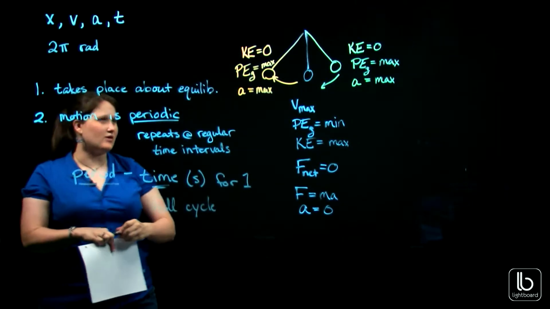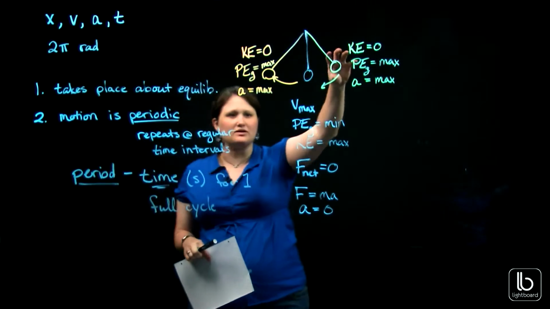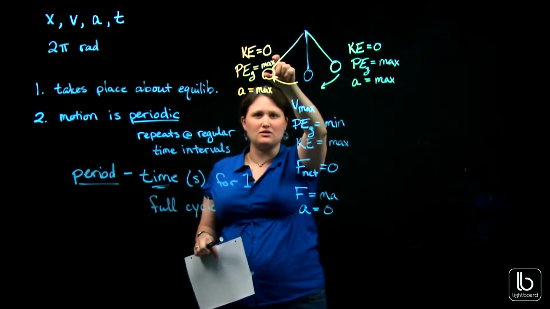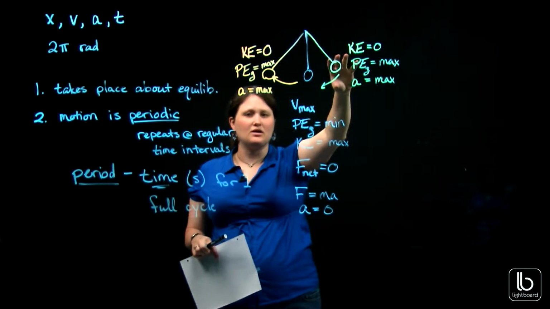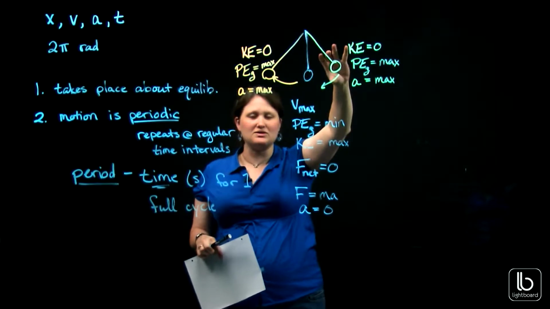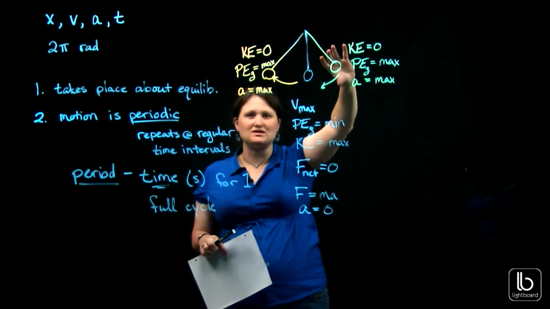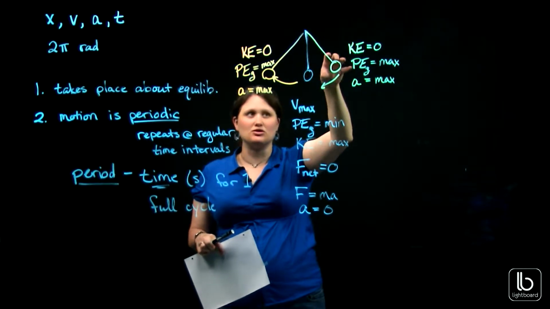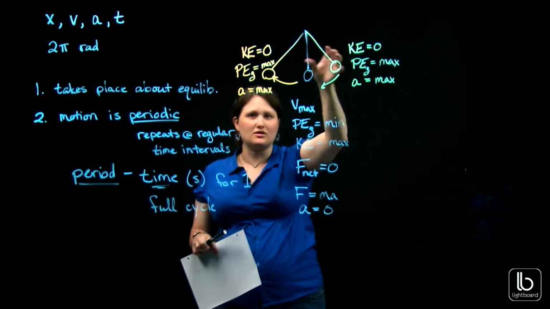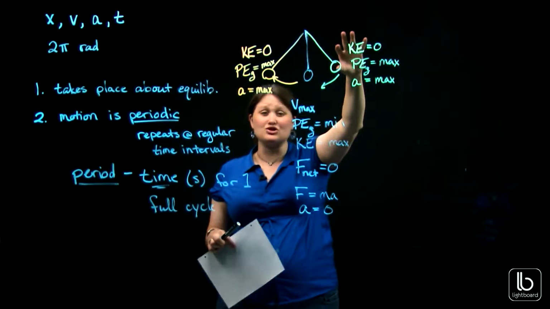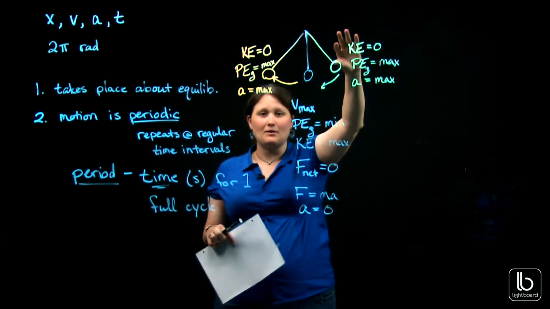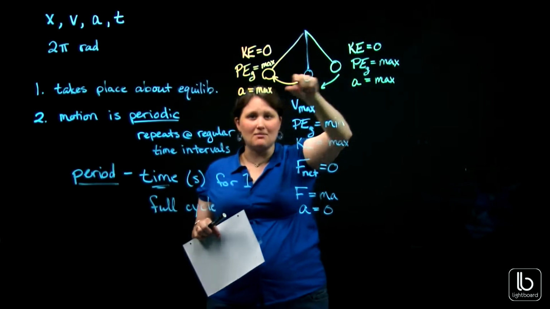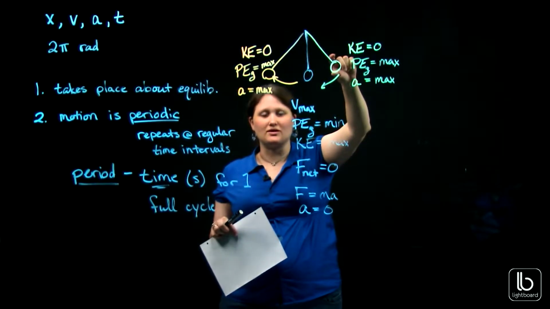Now, in the case of our pendulum, one full cycle is not from here to here. One full cycle is from a given position back to that same position with the same motion. So if I start at my initial drop point, one period is the time it takes to come back to that initial drop point.